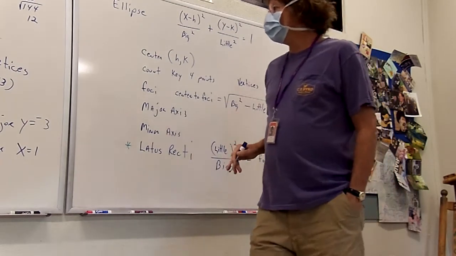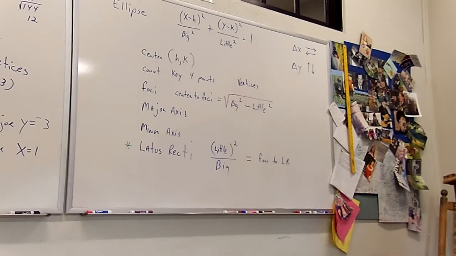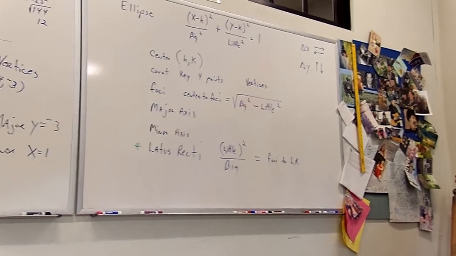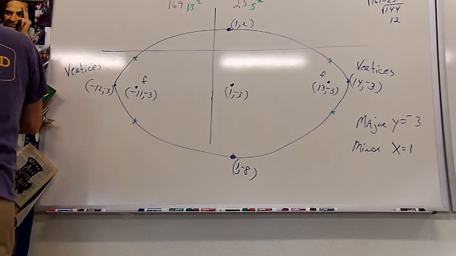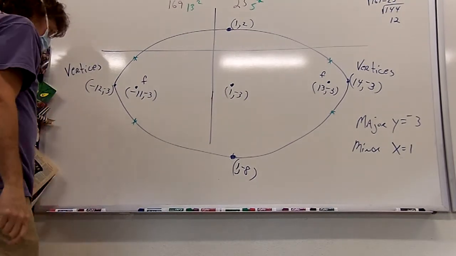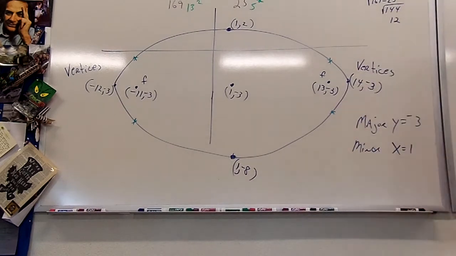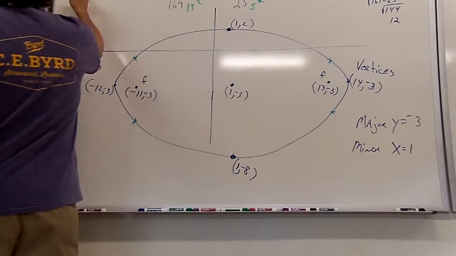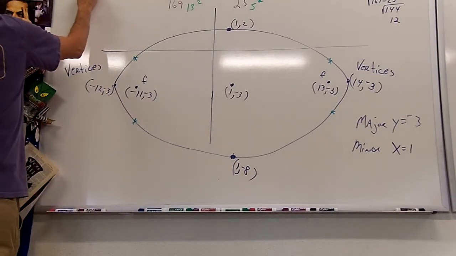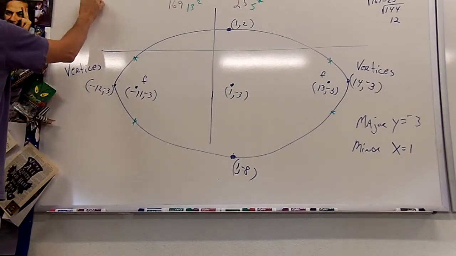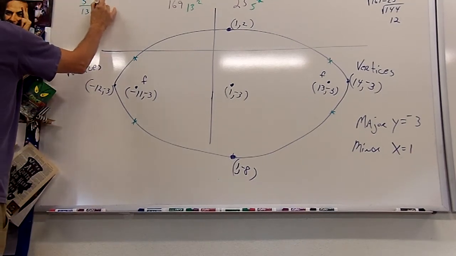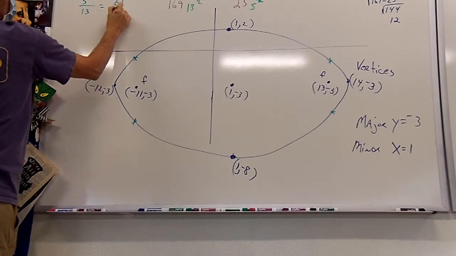So it makes it easy because if you go over here, I'm going to do it right up here in that same color blue that I wrote that in so that you'll see it. Okay, focus to latus recti. You take the little number 5 squared over 13. So that's what? 25 over 13.